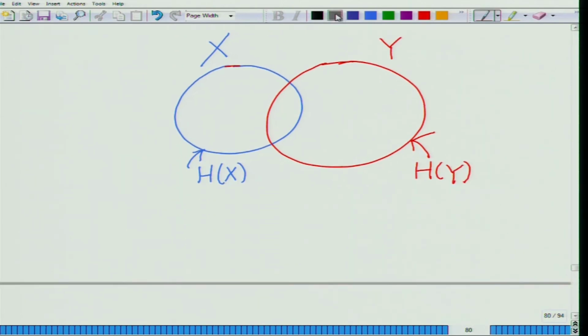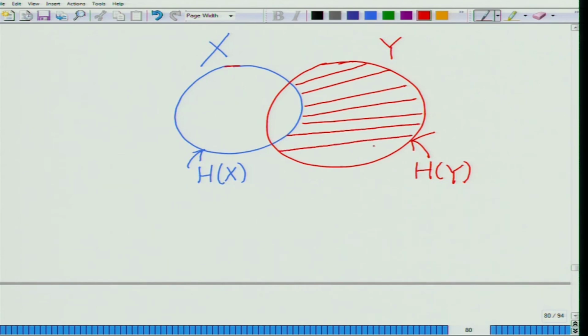Now, if you look at these components individually, this component is the uncertainty remaining in x.